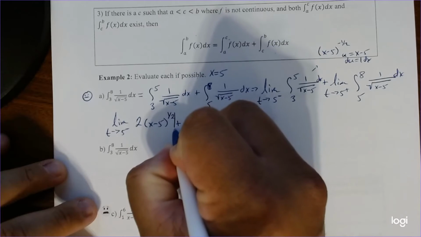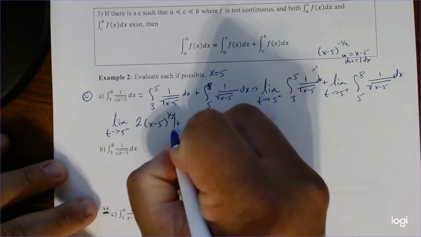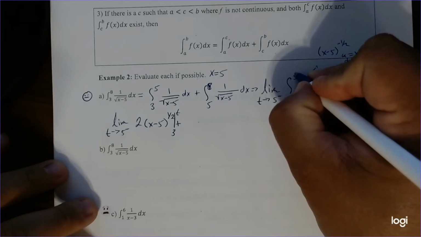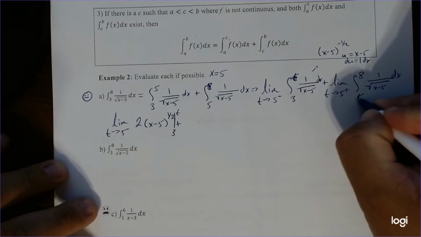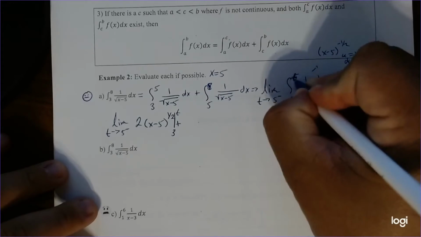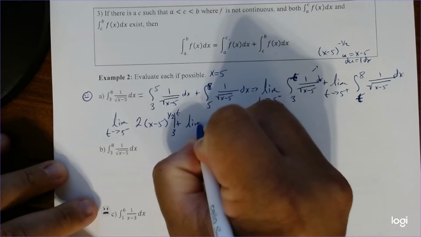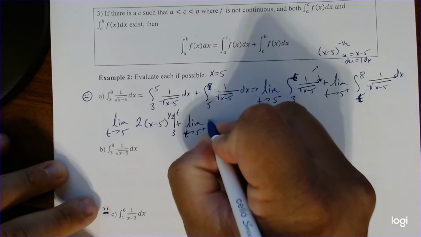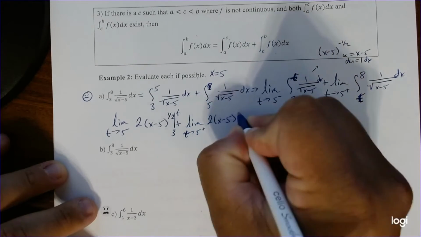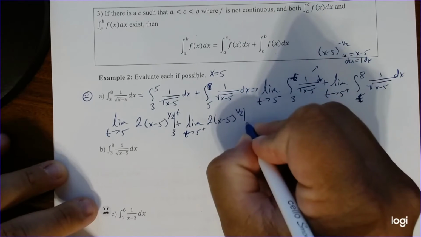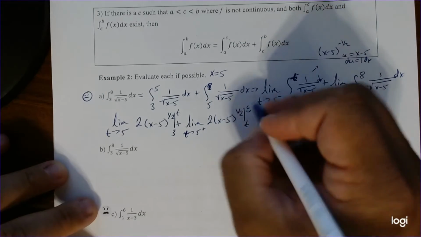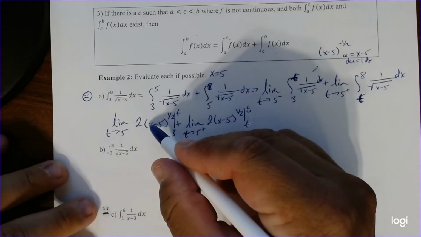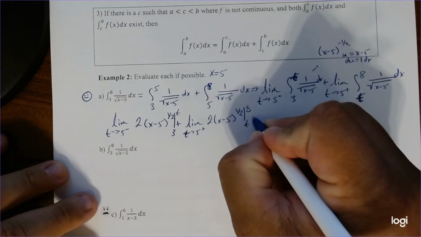We'll evaluate it. This one was 3 to t. Oh, yeah, sorry, this is supposed to be a t here. These are supposed to be t. Okay, so plug it in t, see what we get out, right, and vice versa.